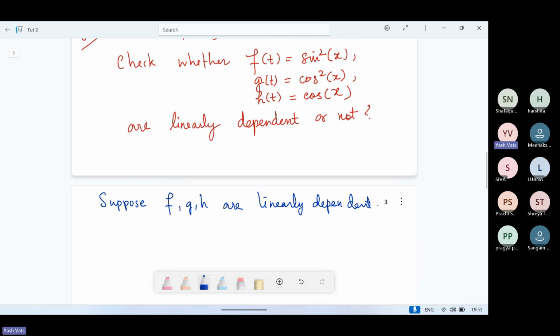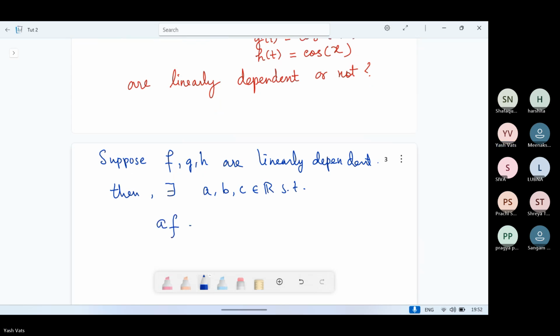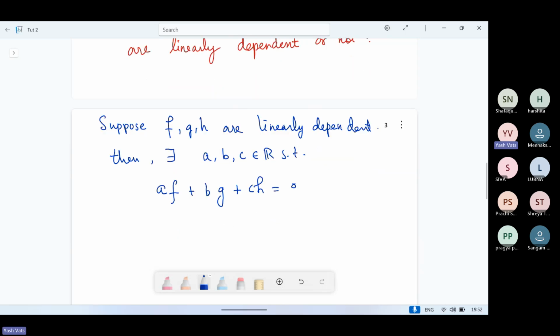Then there exist a, b, c in R such that af plus bg plus ch is 0. Am I right? This happens. Okay, then what is the next step?